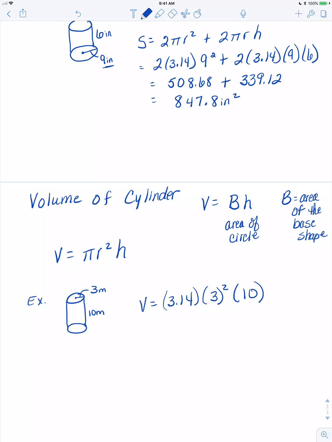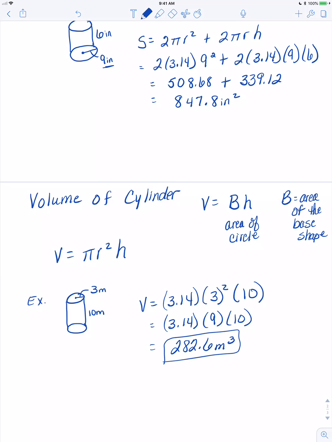Again, remember, you've got to square that number first. So 3 squared is 9. Then times the 10. So 3.14 times 9 times 10 leaves us with a volume of 282.6 meters cubed.